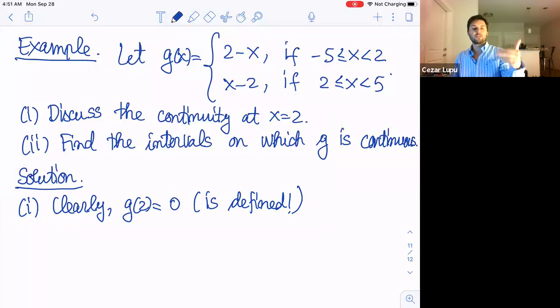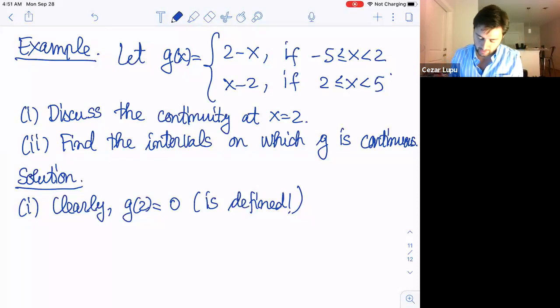Now we would like to compute the limit. As you can see, this function is defined with these two pieces. So we would like to compute the limit at 2, but you see, we would like to see what's going on to the left of 2 and to the right of 2. So we have to compute the left hand limit and the right hand limit.